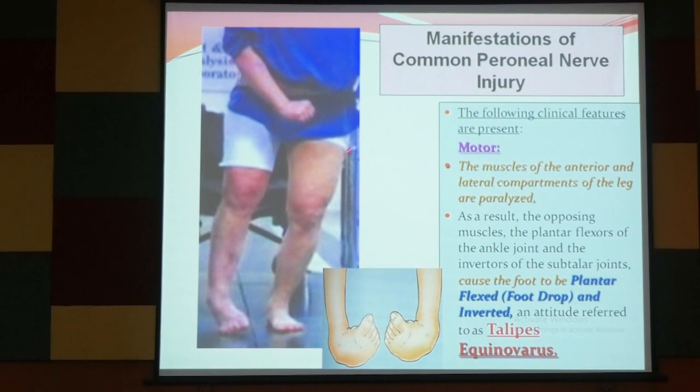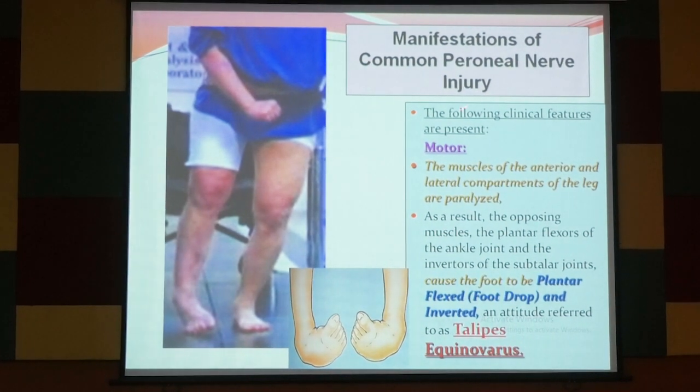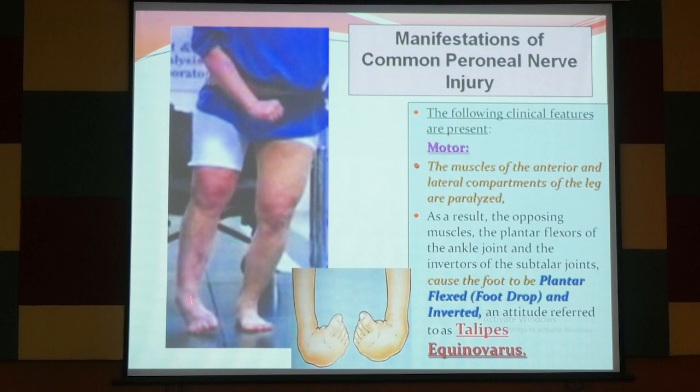You can see how he is moving. This posture is present. Motor: the muscles of the anterior and lateral compartments of the leg are paralyzed. So, anterior and lateral paralyzed.